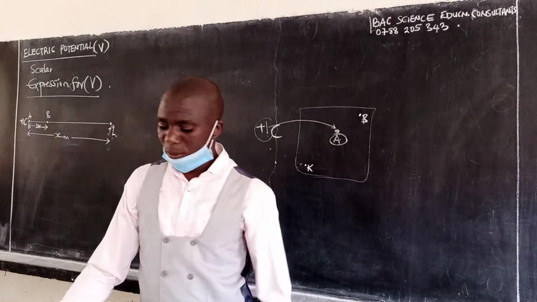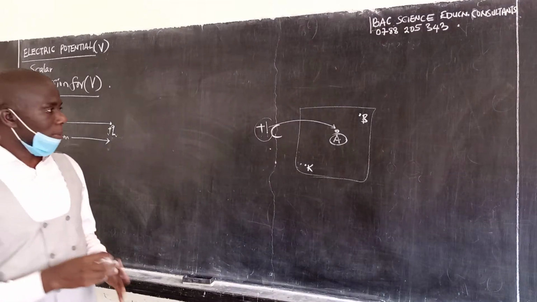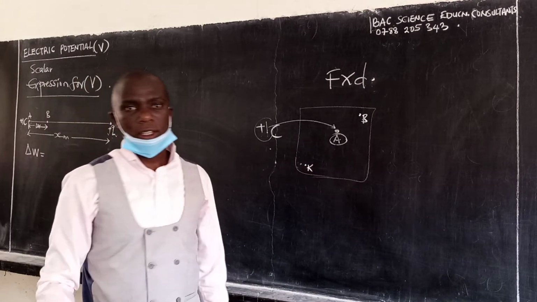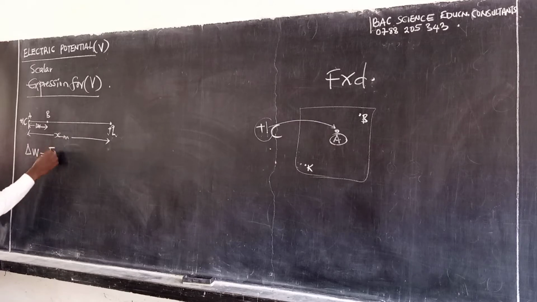So we are going to perform a calculation, and we are going to see that the small work done to move this one from here to here, I can represent as dW. From O level, we studied that work done is the product of force and distance, so we use the same: force times distance, which is our delta x.